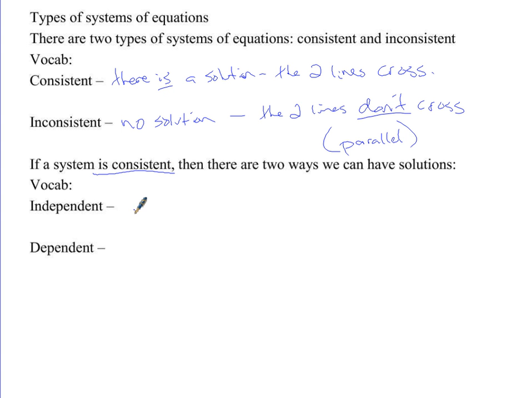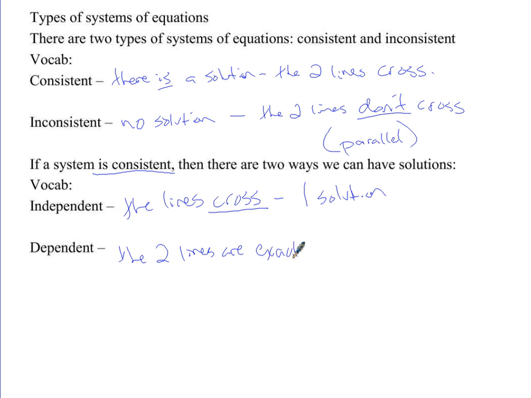If it's independent, the lines cross, meaning one solution. If it's dependent, then the two lines are exactly the same.